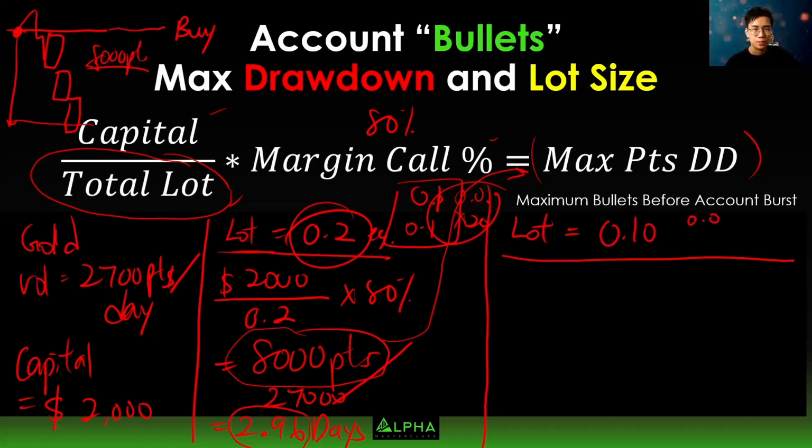It could be 0.01 times 10 layers, meaning I open 10 times 0.01, or 0.02 times 5, or 0.05 times 2, something like this. 8,000 points means an $80 drop in the gold market.